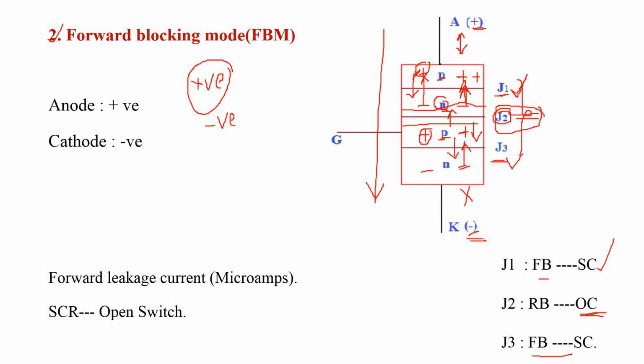But due to the minority charge carriers, a small amount of forward leakage current, of the order of microamperes, can flow from anode to cathode. In this case also SCR acts as an open switch. This is the second operating mode, that is forward blocking mode.